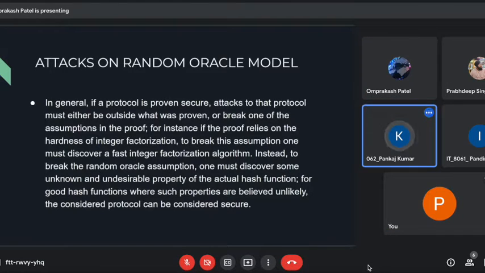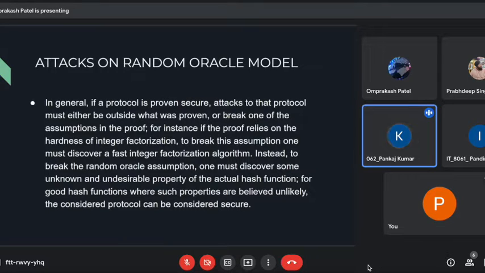Attacks on the random oracle model. In general, if a protocol is proven secure, attacks on that protocol must either be outside what was proven or break one of the assumptions in the proof. For instance, if the proof relies on the hardness of integer factorization, to break this assumption, one must discover a faster integer factorization algorithm.